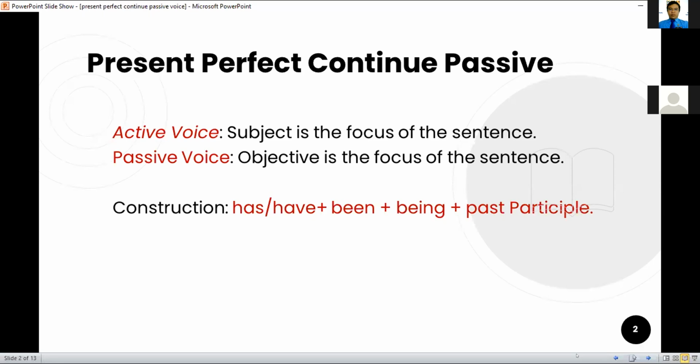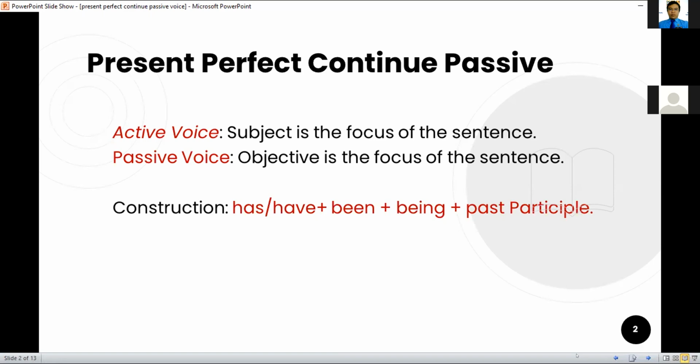First, I just want to show you a little about active voice and passive voice. In active voice, the subject is the focus of the sentence, but in passive voice, the object is the focus. Why do we do this?